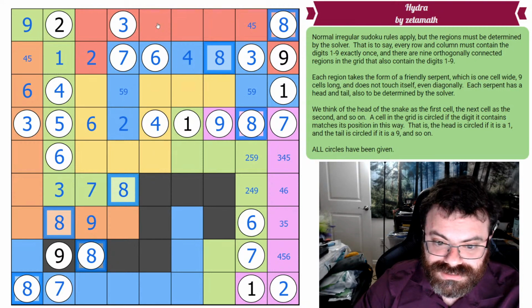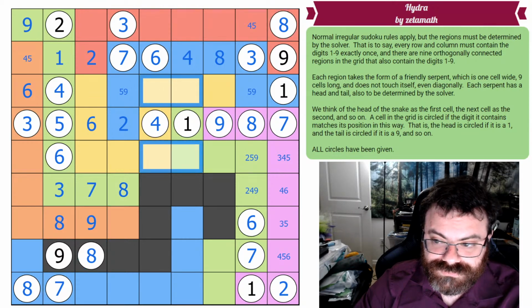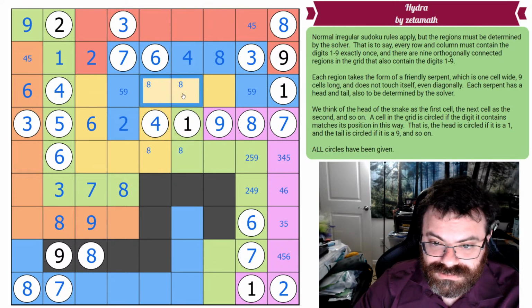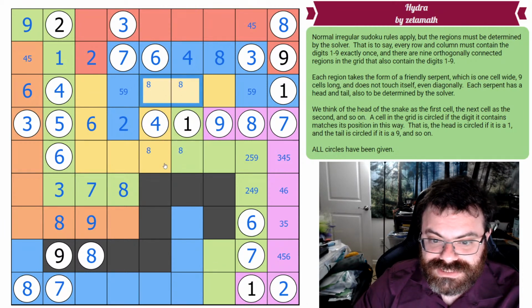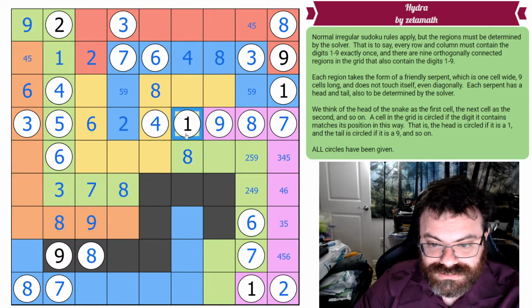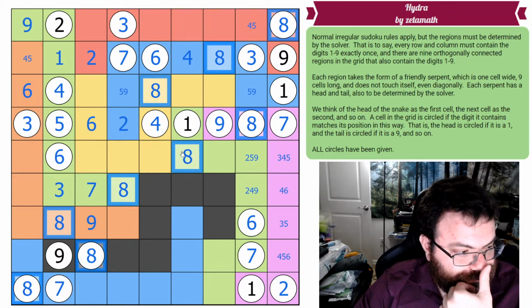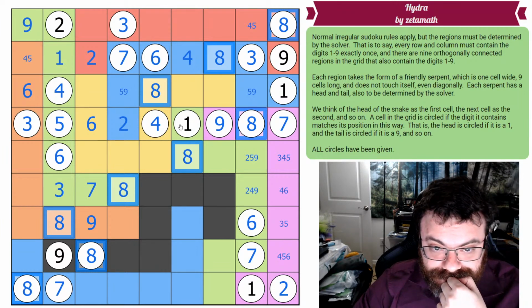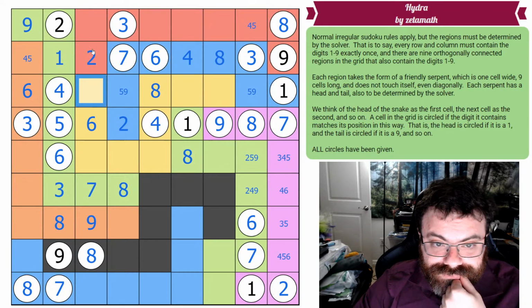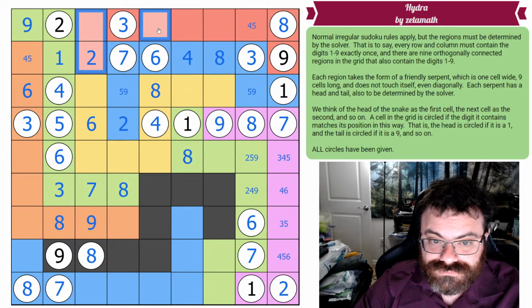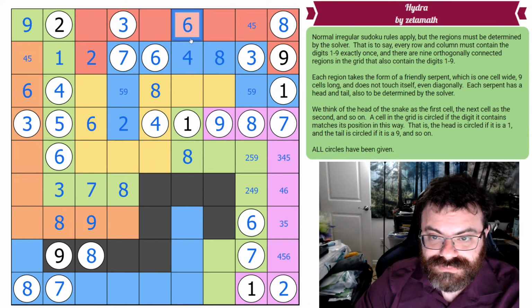So I need an 8 in here. One of these, but whichever 8 is up here, it's in the yellow, so this makes this an 8 and that an 8. That's neat. 6 in row 1. Negative constraint is here for 6, so that places the 6.